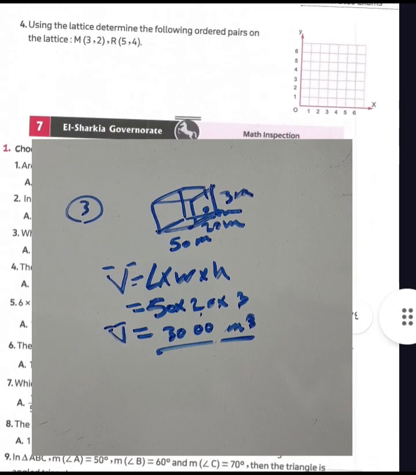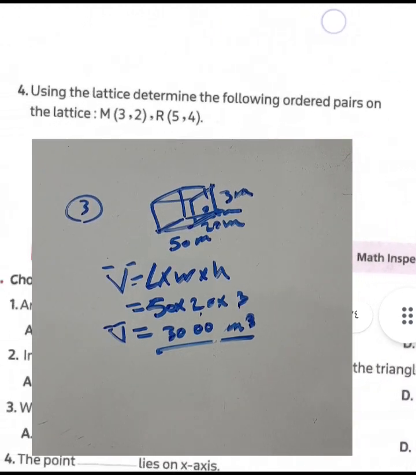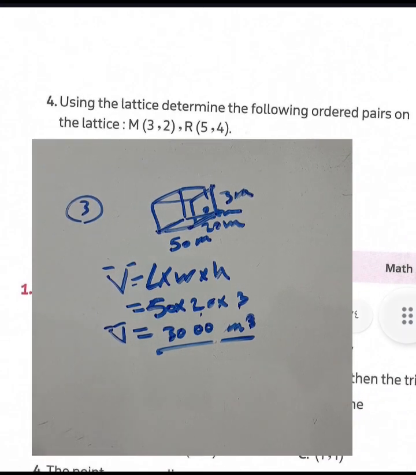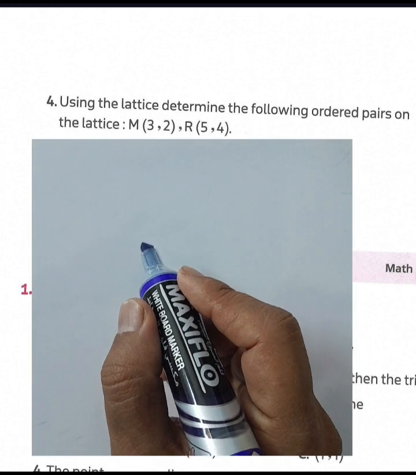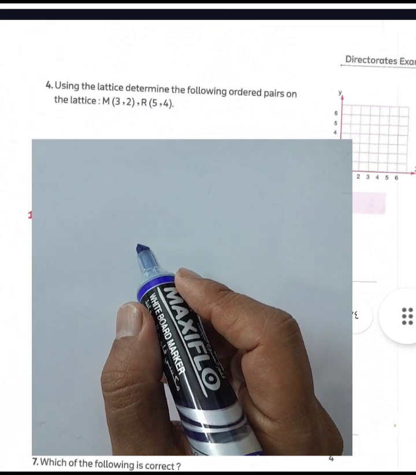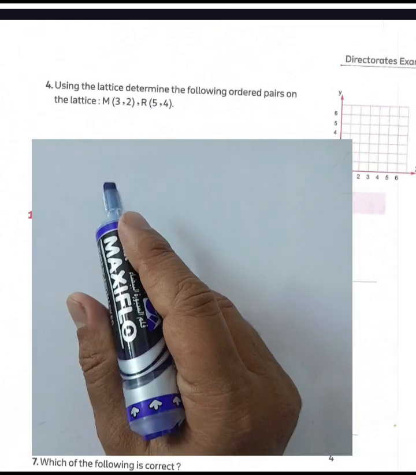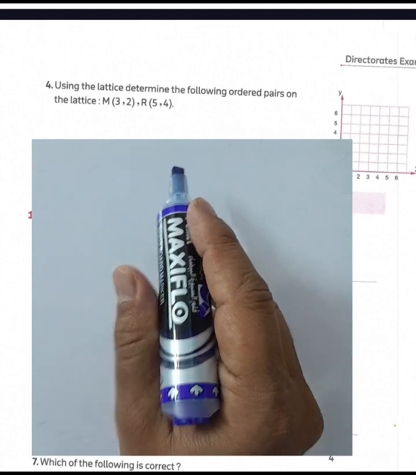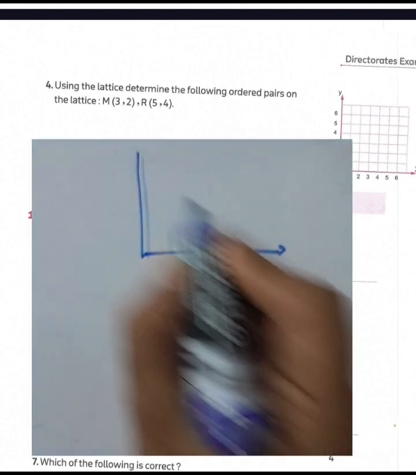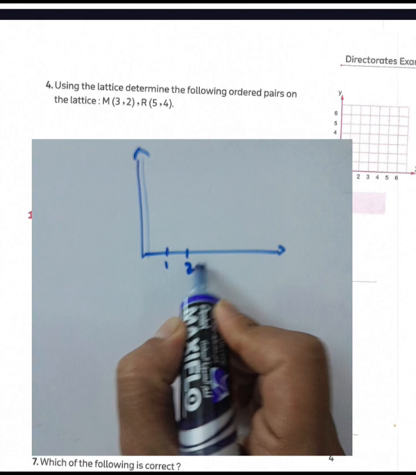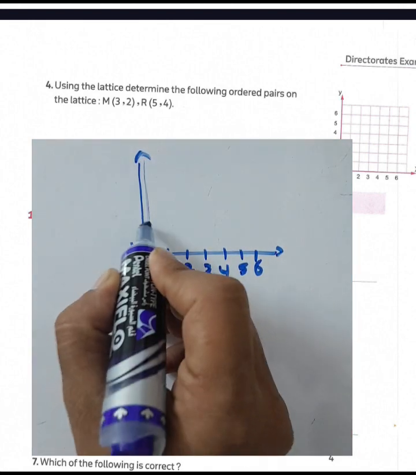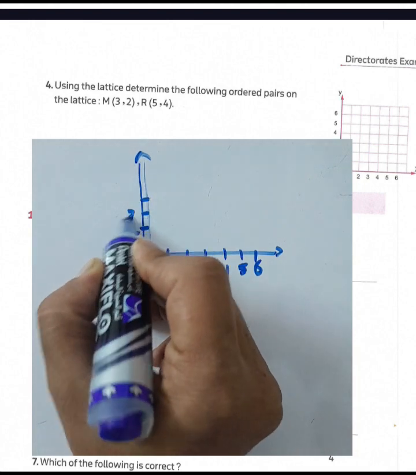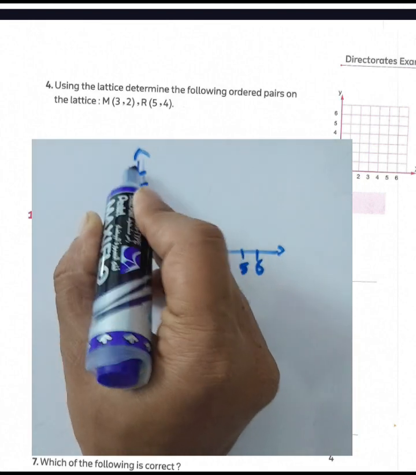Next example, plot the point on the graph here. Okay, using the graph, determine the following ordered pairs, the points M and R. First here we can write 1 2 3 4 5 and 6, 1 2 3 4 5 and 6.